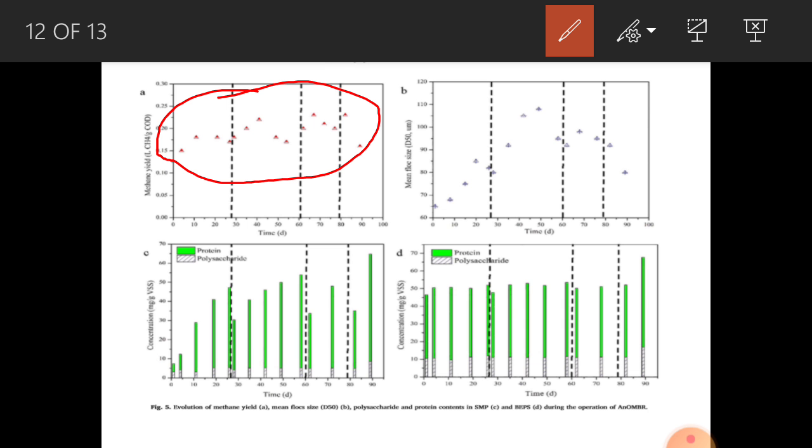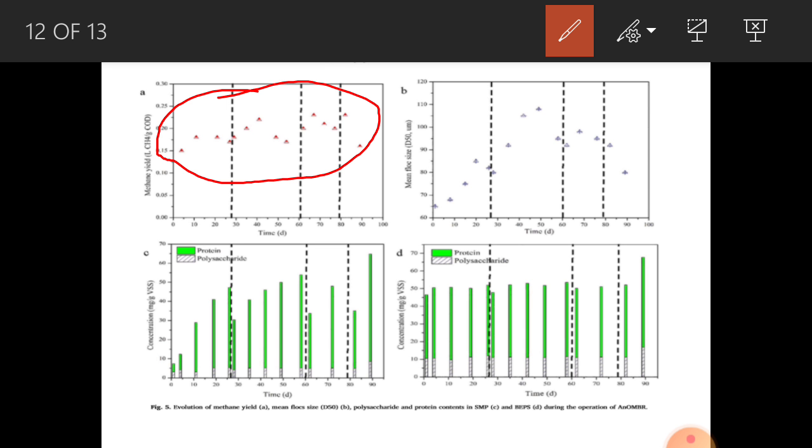And the other figure, figure B, shows the mean flock size. As can be seen, the cytostatic drugs not only disrupted the microbial metabolism but also affected the sludge properties.